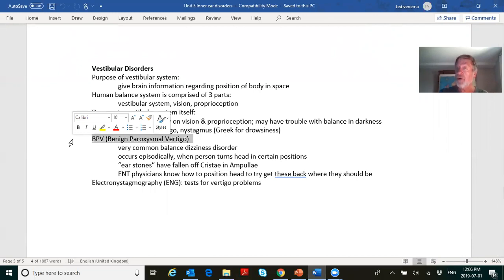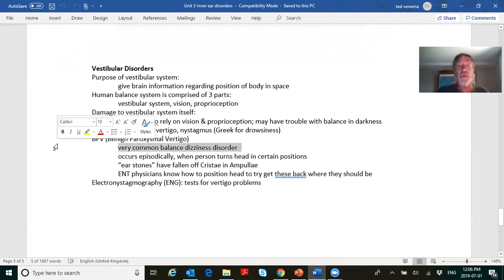Paroxysmal, remember that word from Meniere's disease? Means episodic. Benign, paroxysmal vertigo. Benign, episodic means it comes on, rotary, spinning around. What is that? BPV, put a star by it. Okay, that's all I'm going to say about it. You can read this here.